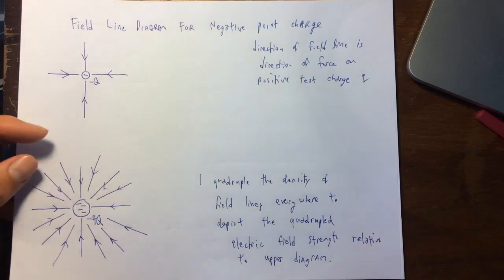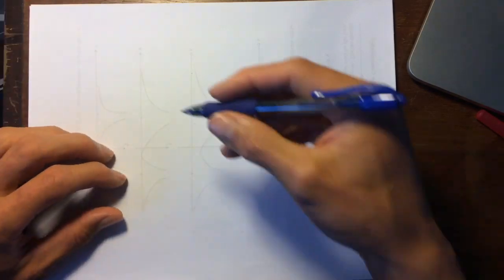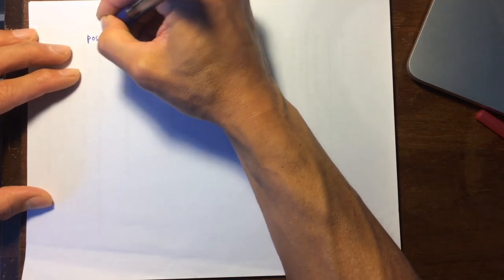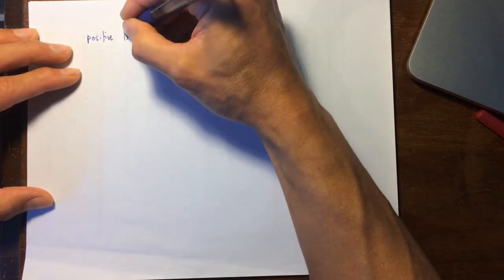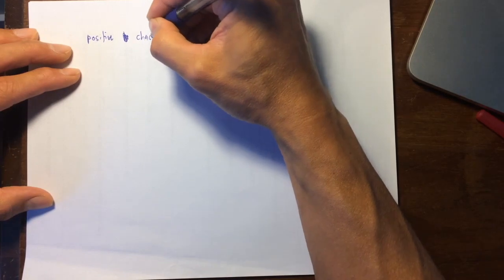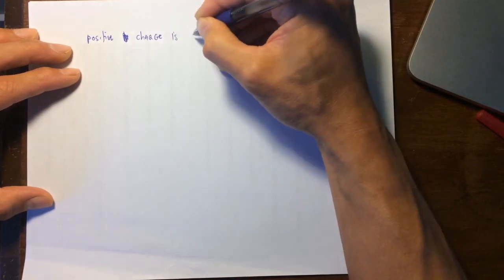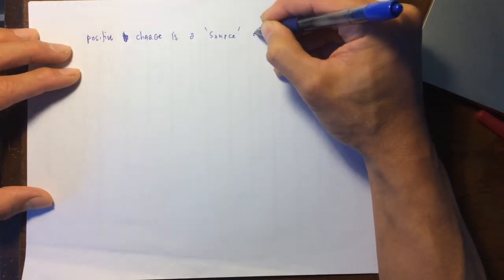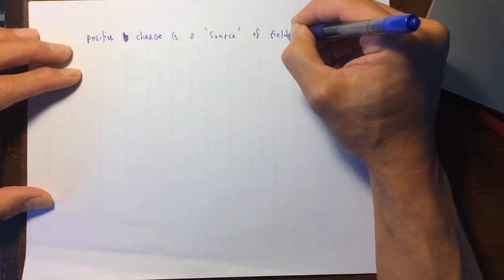So what people like to say, this page has a lot of marks on it, so people like to do this. Positive charge is a so-called source of field lines.